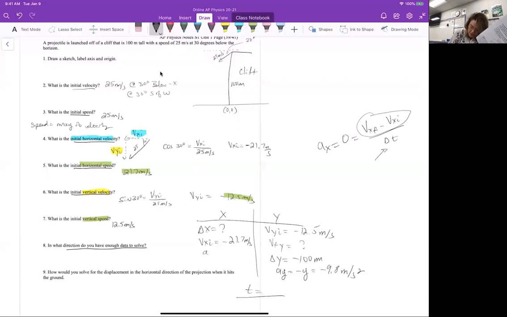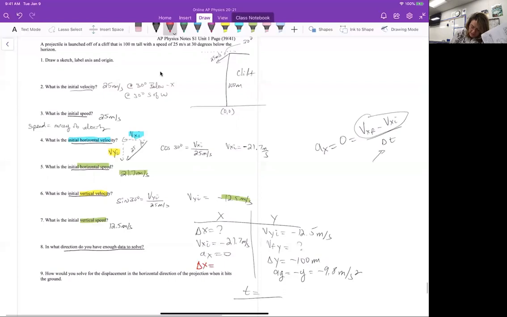All right. So we know that this is 0. And so the only equation that I have to work with in the x direction is that delta x is the velocity in the x direction, you can call it initial, you can call it final, you can call it Vx, times time. So I don't really have enough information in the x direction to solve it. And so what I have to do is use my y, because how many things do I have in the y? I've got 1 variable, 2 variables, 3. I got 3 variables in the y direction.